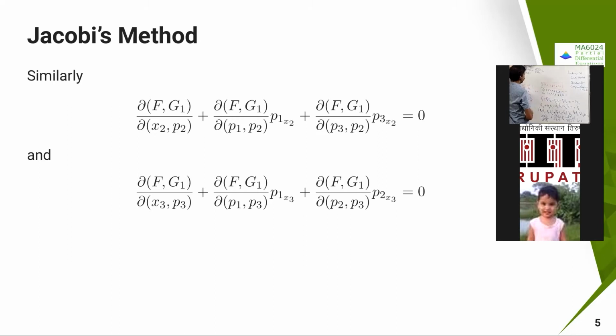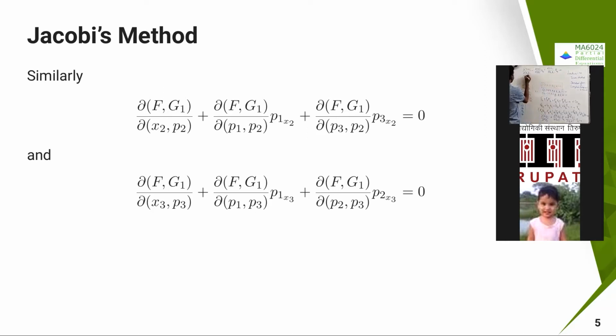Similarly ∂(f, g1) divided by ∂(p3, p2) into p3 x2 is going to come, equal to 0.